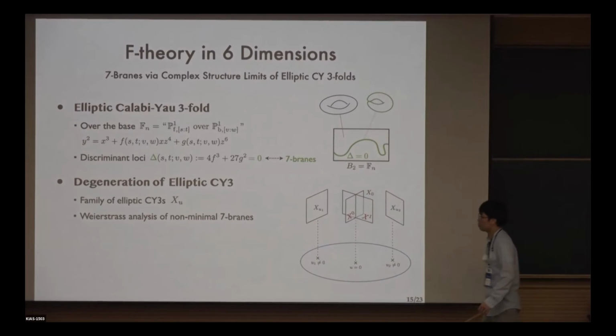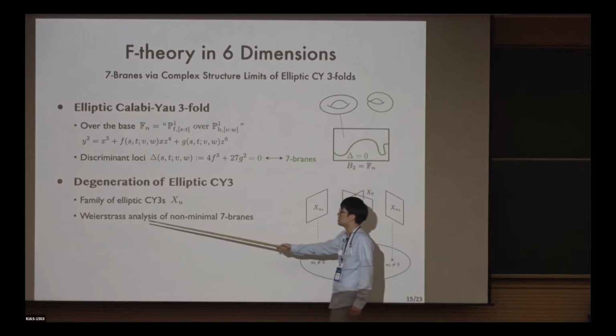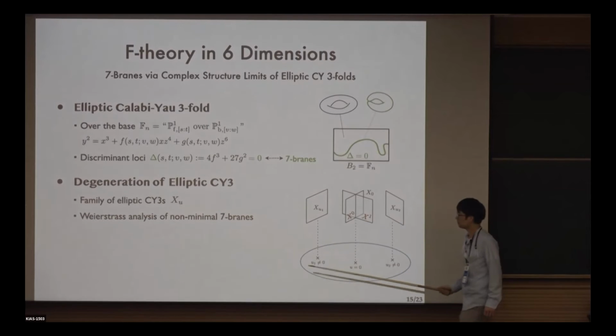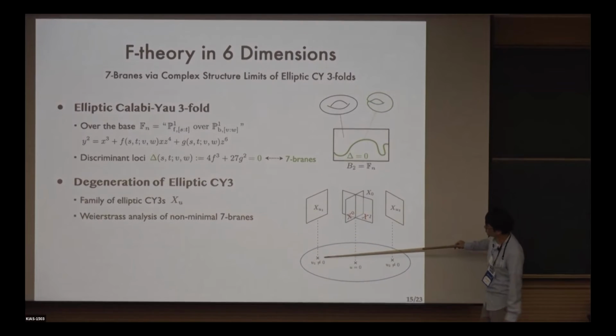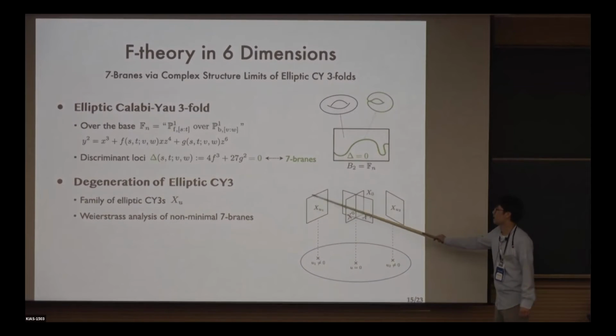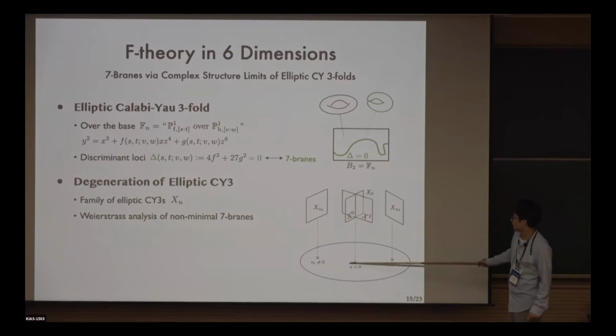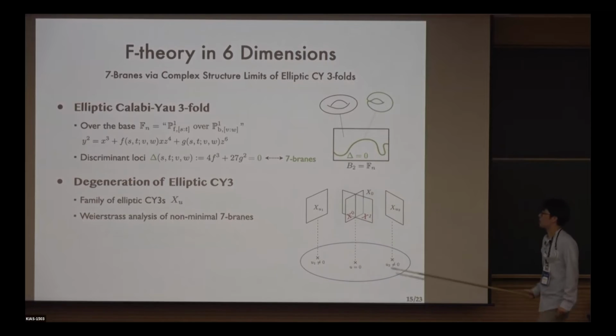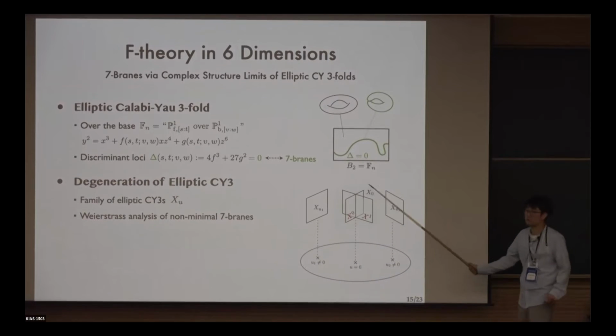So once again, we want to describe this degeneration in terms of now a 4-fold family of threefolds, X_U. At non-zero U value, we have a smooth elliptic Calabi-Yau threefold, but at the center, at U equals 0, we have a degenerate X_0 as a union of component threefolds now.